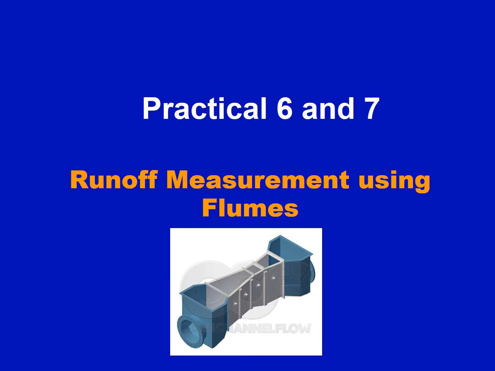So in fluid mechanics we have seen different instruments or structures like venturi meter, orifice meter, pitot tube, different kinds of weirs and notches. These flumes are another such structure to measure the runoff or discharge in any channel.